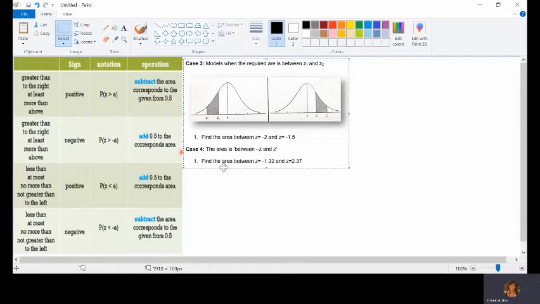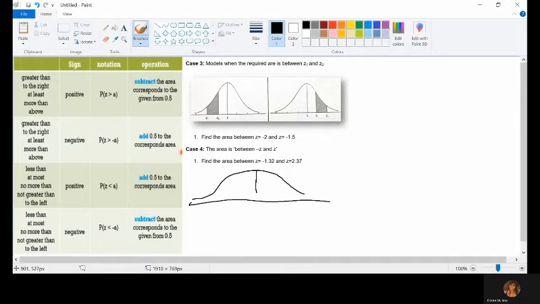So we have an example. Let's find the area between Z equal to -2 and Z equal to -1.5. So again, we're going to draw the normal curve. So this will be your normal curve, your mean. This will be the value of -1, and this will be the value of -1.5 and -2.